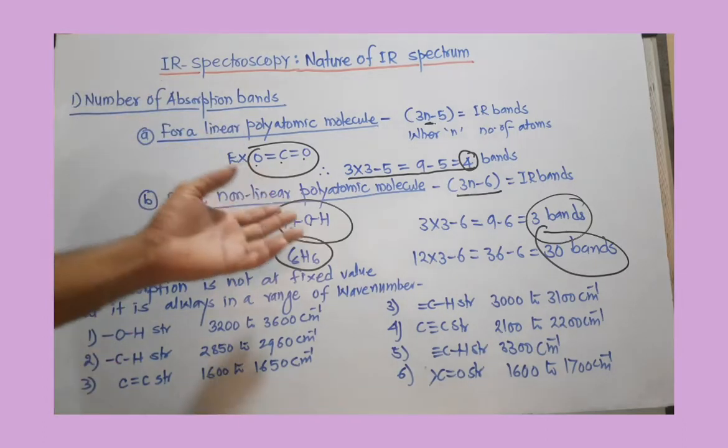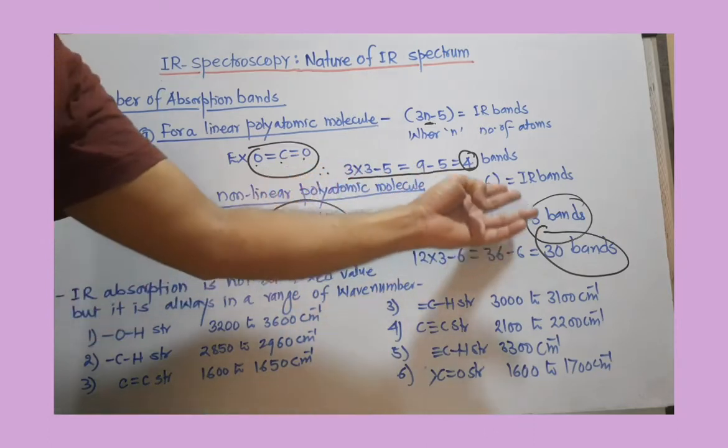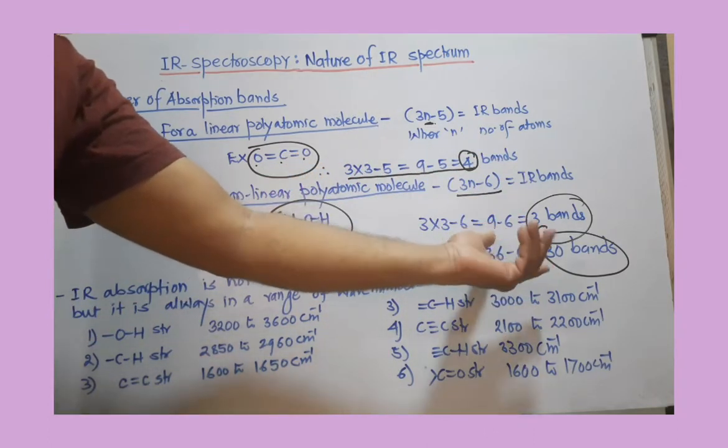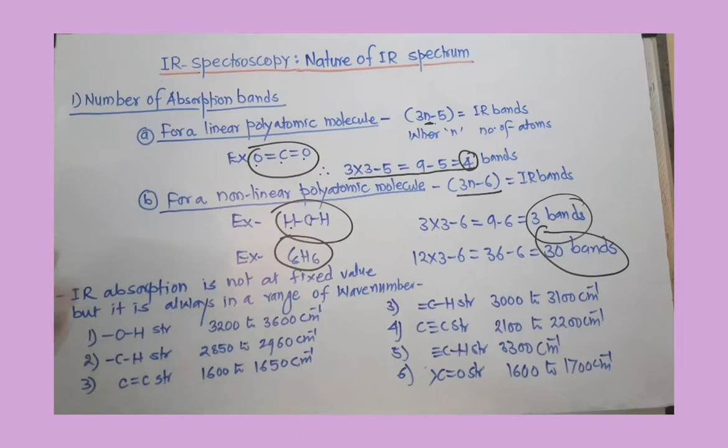Now, although we expect 4, 3 or more bands for a particular molecule, this is not actually the case. For each vibration, there is not a fixed value, because there are certain factors. We need to consider its stereochemistry, its steric hindrance, and different electronic factors. So the value is not fixed.